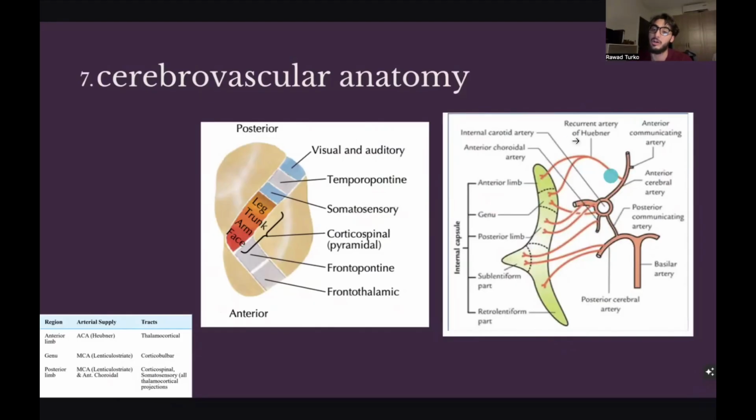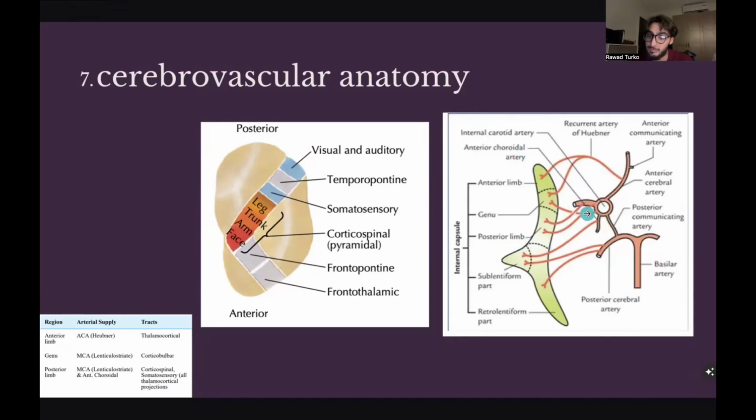Okay, you have this recurrent artery of Hübner coming from the anterior cerebral artery, again supplying the anterior limb. Okay, and you also have where was it? Yeah. So you also have the posterior cerebral artery supplying parts of the internal capsule. But you'll see here this is so important when we talk about the anterior choroidal artery.